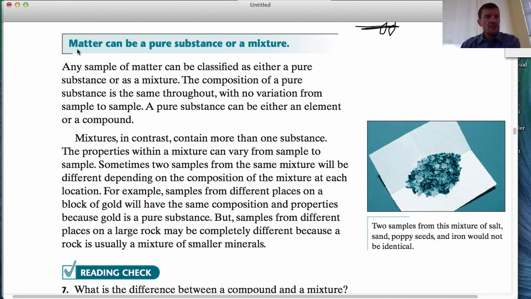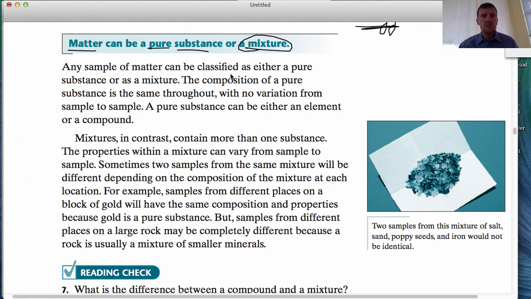All right, let's continue here and talk a little bit more about matter and the fact that matter can be either a pure substance. We mentioned that already before when we talked about elements, but also water, H2O. Water could be a pure substance because it is the same molecule throughout. All the molecules have the same properties.